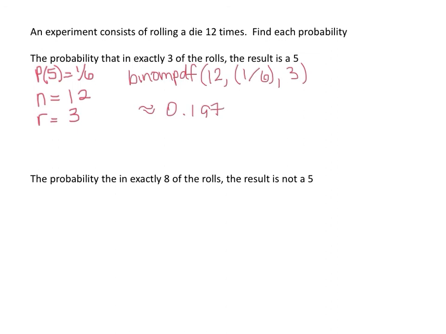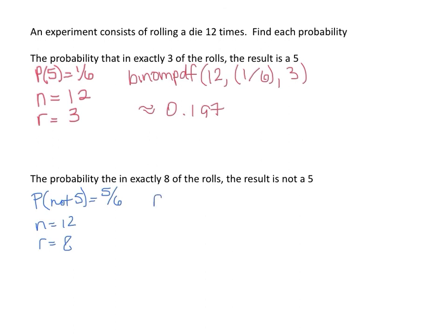Let's try the next one. The probability that in exactly 8 of the rolls, the result is not a 5. So the probability of not a 5 is 5/6. We're still rolling 12 times, but now we're taking 8 rolls to get not a 5.